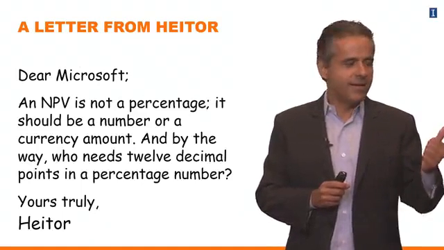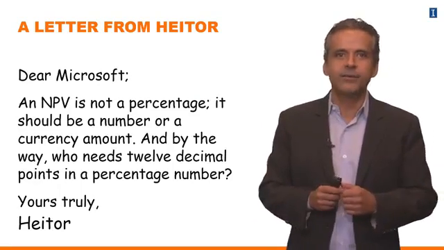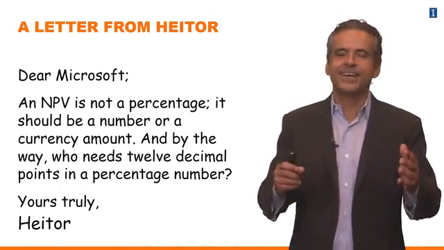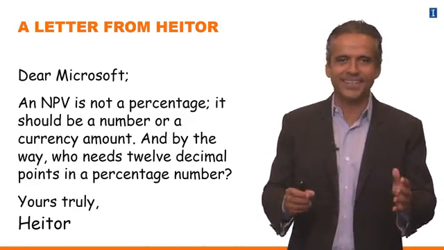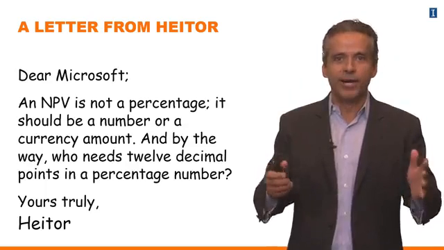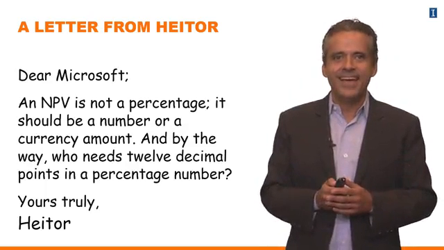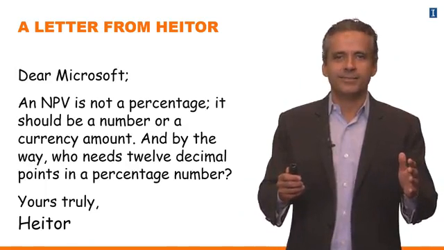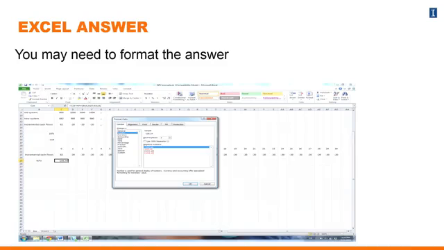The problem is, in some versions of Excel, the NPV function is programmed to give you an answer in a percentage. Come on, it's the wrong answer. It's a currency. It's either a number or a currency, please. And by the way, we do not need 12 decimal points. Anyway, you may need to reformat the answer.